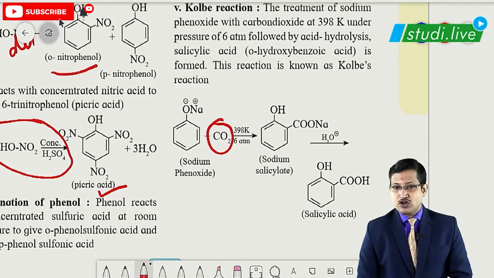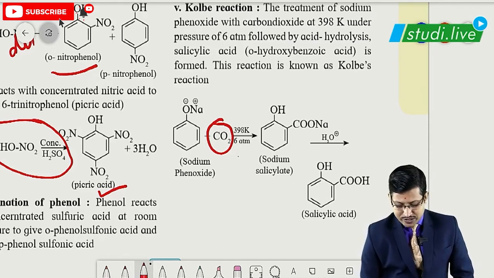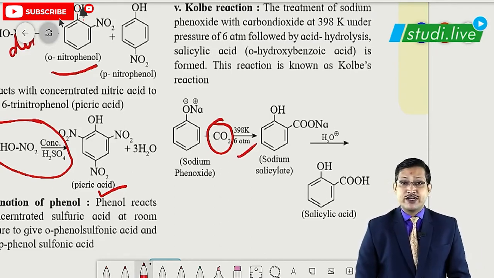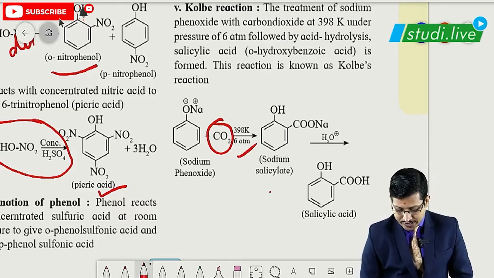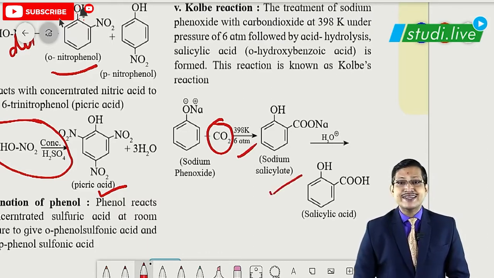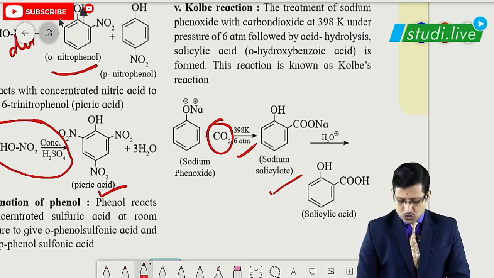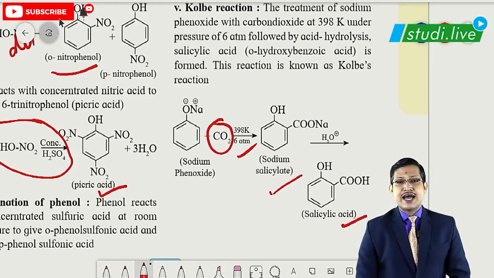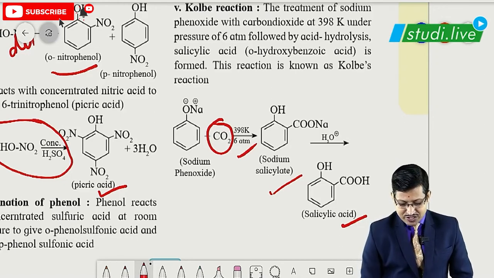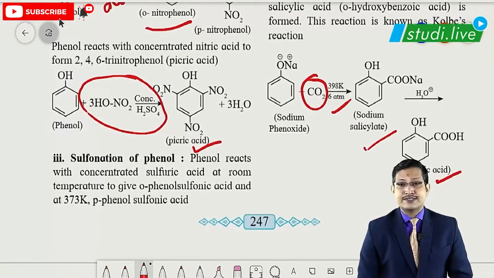Here sodium phenoxide in the first step reacts with carbon dioxide. What will it give you? Yes, it will give you sodium salicylate. And in the next step, it undergoes acid hydrolysis to give you the formation of salicylic acid. So this is the formation of salicylic acid taking place.